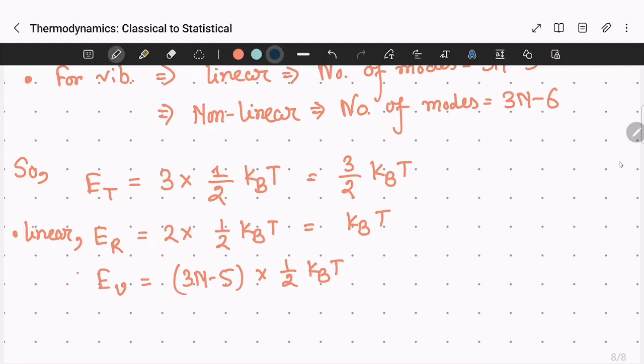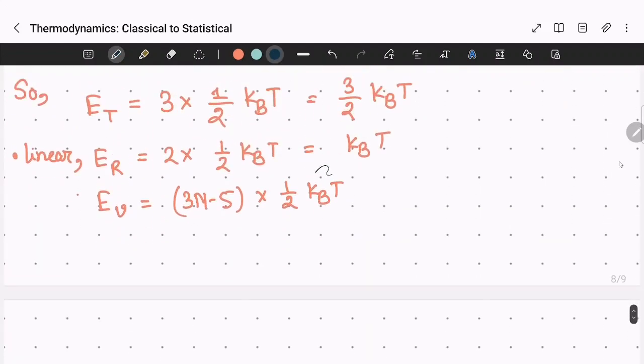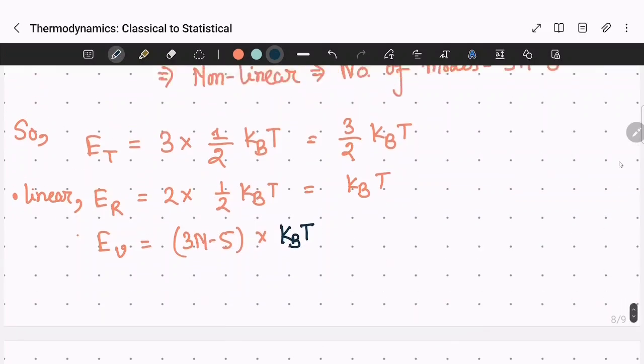No, here is a difference. It is not half kBT. For the vibrational case, we have to multiply by kBT, because for translation and rotation, each mode consists of half kBT of energy. But for vibration, there are two types of vibration.